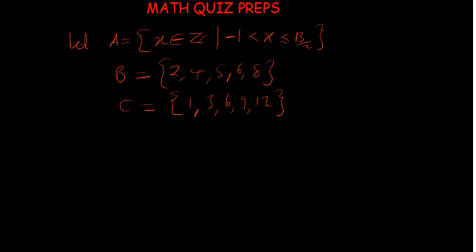Then there is also a set D, a set of integers where -3 less than X, then less than or equal to 4. Okay.